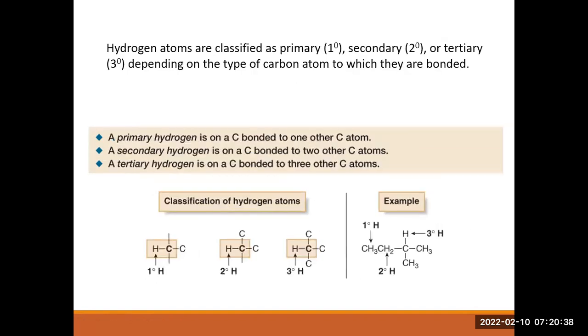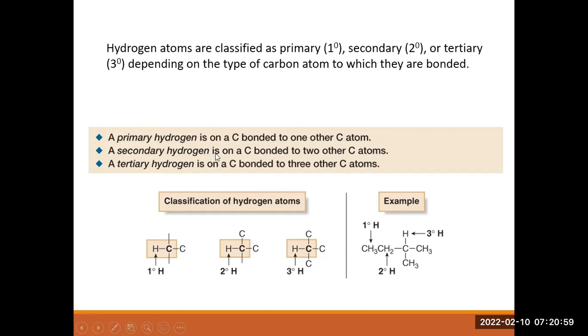Hydrogen atoms are also classified as primary, secondary, or tertiary depending on the type of carbon atom to which they are bonded. So, as always, your reference atom is the carbon atom. If your carbon atom is primary, then correspondingly its hydrogen atoms are also primary.